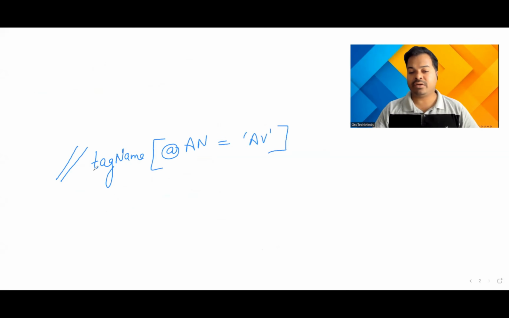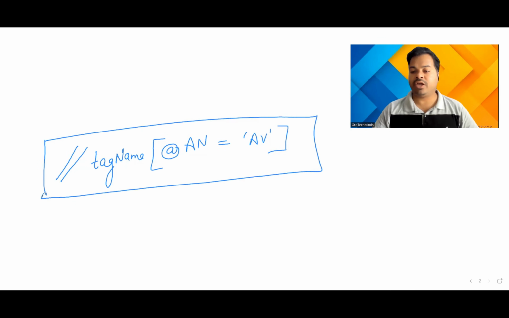Make sure that you guys are writing the slash. Make sure that you are writing the single quotes. Don't forget that. This is the syntax of your XPath, and you have to write XPath in this fashion from today onwards.